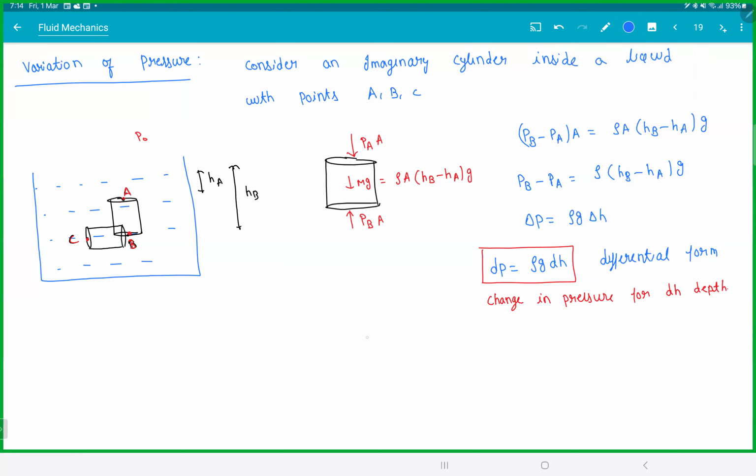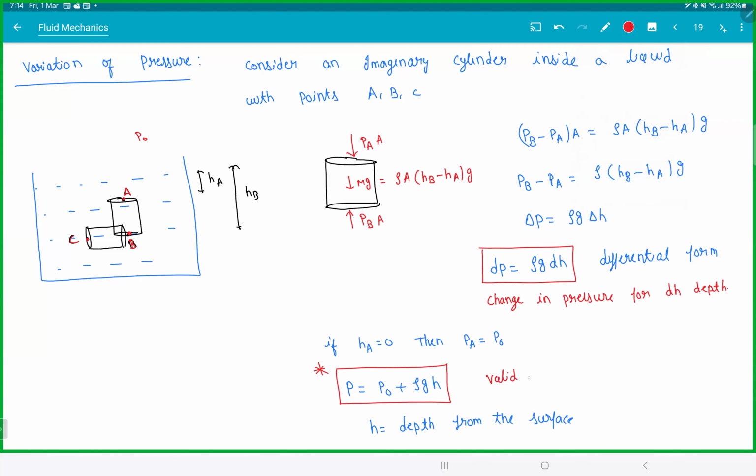Now in that formula, if HA is equal to 0, then pressure at A becomes equal to P naught. Then your formula becomes P is equal to P naught plus rho gH, where H is the depth from the surface. But the only problem with this is that it is valid only if rho and g are constant.